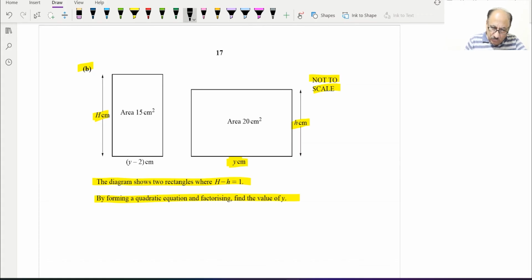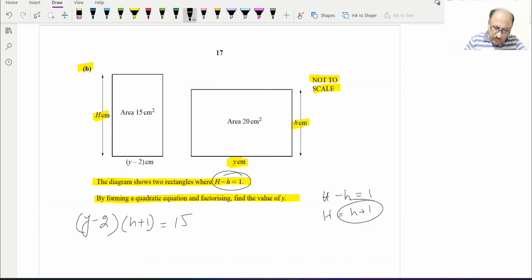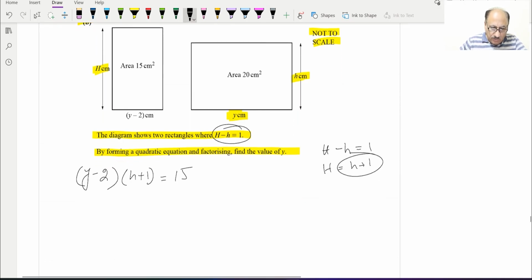So what we'll do, we can write y minus 2 into capital H, and capital H is what? Capital H minus small h is equal to 1. This is what they have given. So capital H is equal to h plus 1, and this value we will replace over here. So multiply by h plus 1 is equal to 15. We formed an equation from this rectangle, and we can now calculate this.